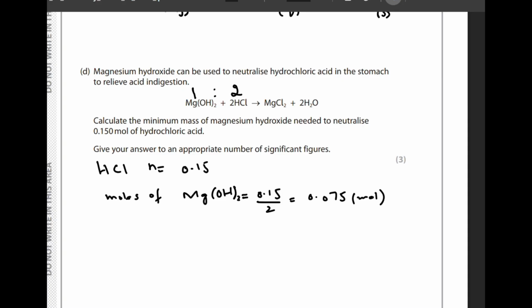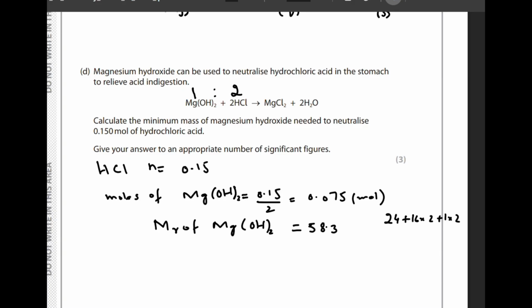Okay, now you need to calculate the Mr of magnesium hydroxide, and it is equal to 58.3. How can you calculate? Magnesium is 24, oxygen 16 times 2, plus hydrogen 1 times 2, so it's 58.3 if you take the exact figure.